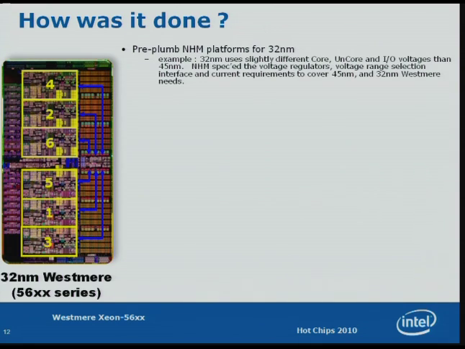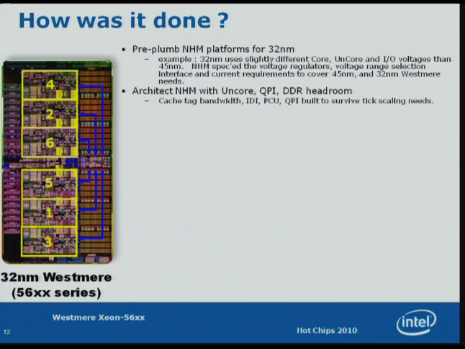Okay, so the pre-plumbing was done for 32 nanometer in the platforms ahead of time. So if you built to the Nehalem specs, the specs that came out for a Nehalem platform, there was some stuff in there that maybe didn't make sense why it was in there. It was for Westmere. Okay, the other item, when we were architecting the Nehalem Uncore, QPI and DDR headroom, I know there were articles that came out when Nehalem first came out with the 3 DDR channels that it looked like there was excess headroom in there.